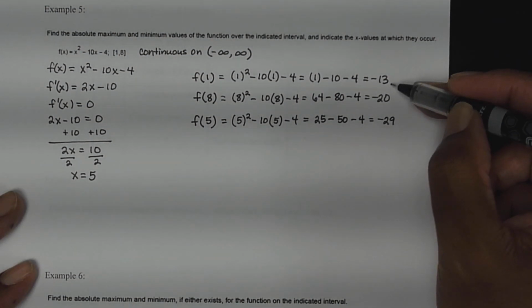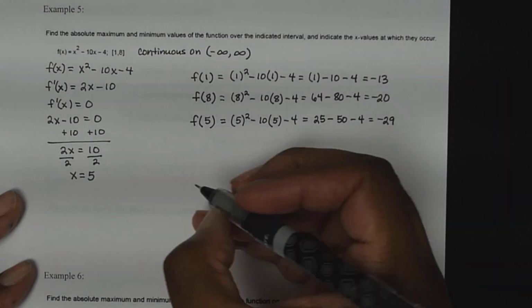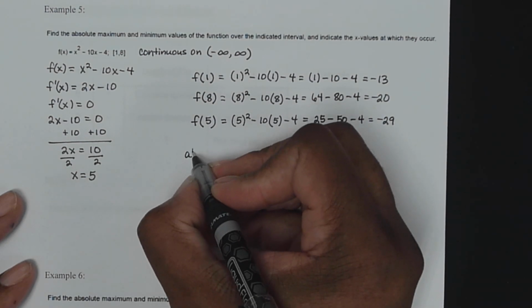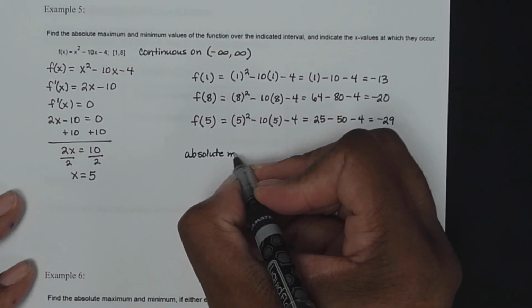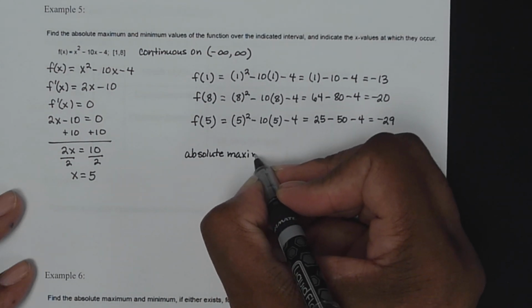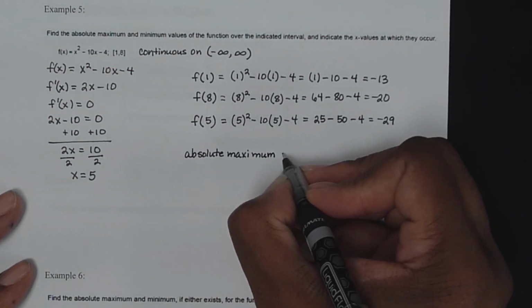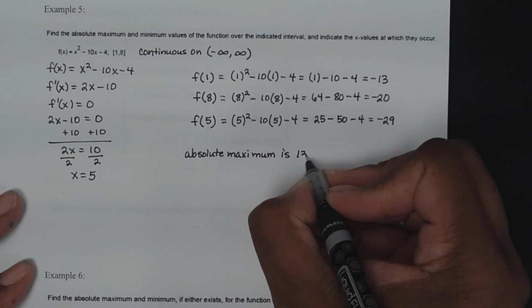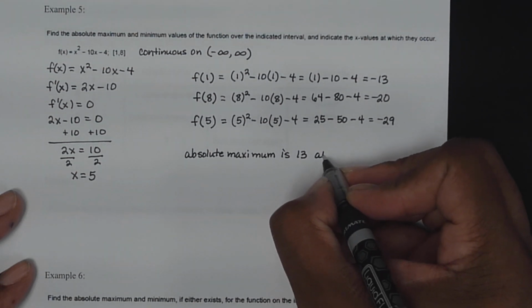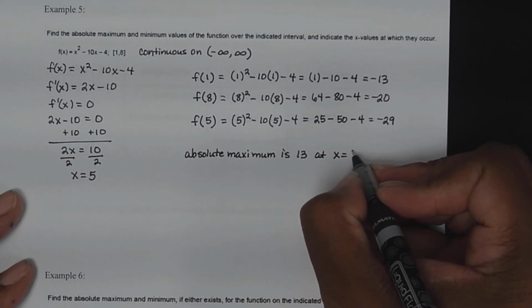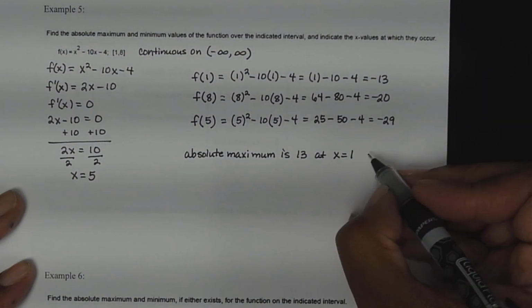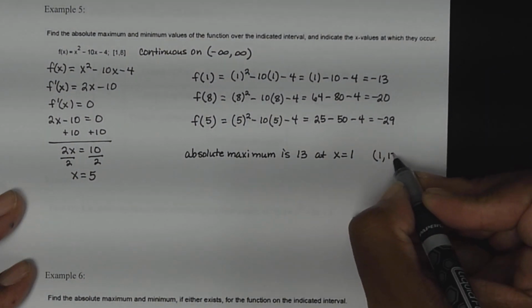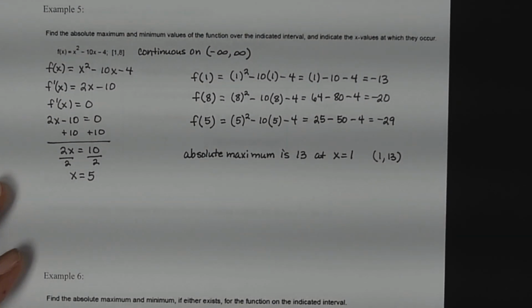That's closest to 0, so that's the largest. That will represent the absolute maximum. So my absolute maximum is negative 13. It occurs at x equals 1. Sometimes they write it as an ordered pair, (1, negative 13), as your absolute maximum.